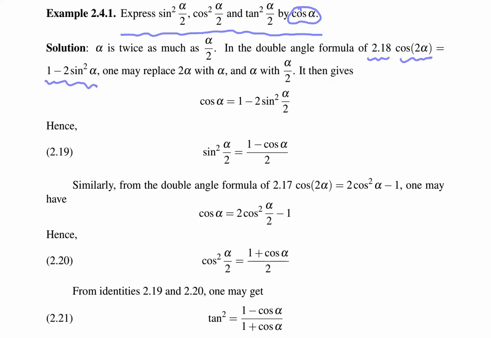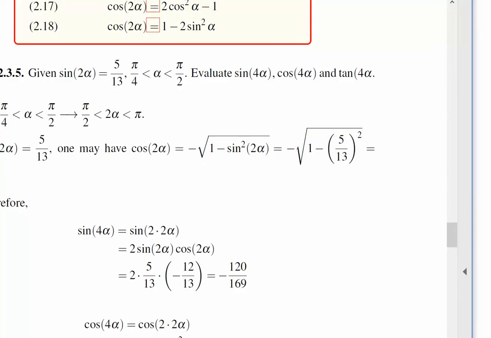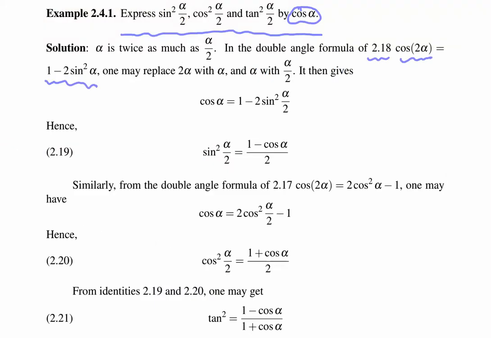All right. So if we look back to 2.18, that was the one right here. Cosine 2 alpha equals 1 minus 2 sine alpha squared.